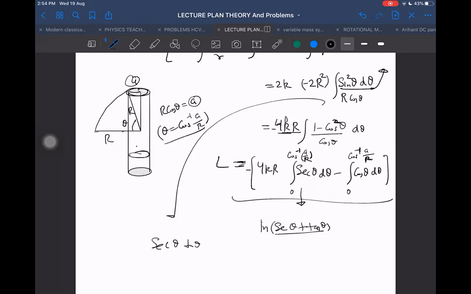Sine upon cos is tan, so I can write it as tan theta into sin theta into d theta. And now what do you want to do from here? It is not secant. It is tan theta into sine theta.